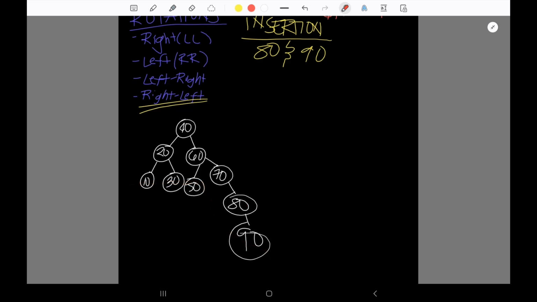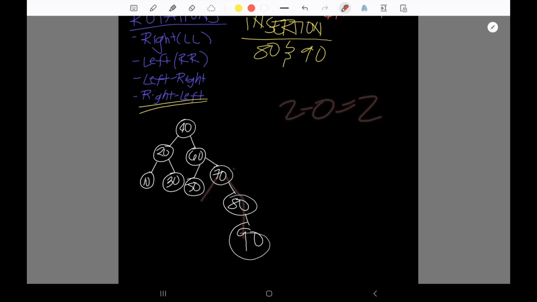How about 70? We have 0, 1, 2. So 2 minus 0 is equal to 2. So we have an imbalance here.